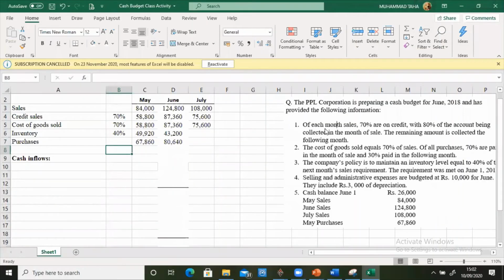Okay, so of each month's sales, 70% are on credit. Now, if 70% are on credit, that means 30% will be cash. So for 30% of the sales amount, you will get immediate cash payment.